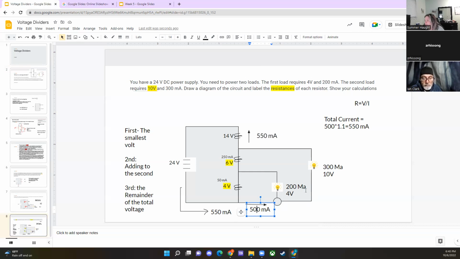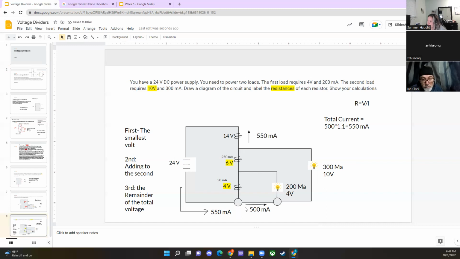So the last and final piece of this, and probably the easiest piece to mistake here, is right here. A lot of people see this as 500 and they're like, okay, then this is 500, but no, it is not. That is because there is this location before it where our current splits.